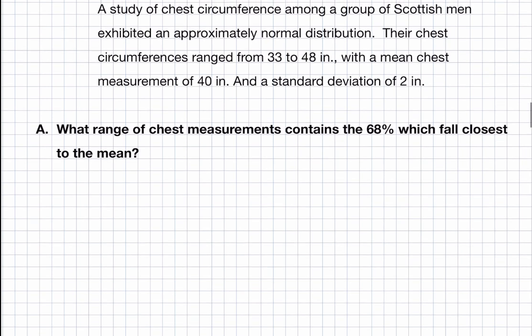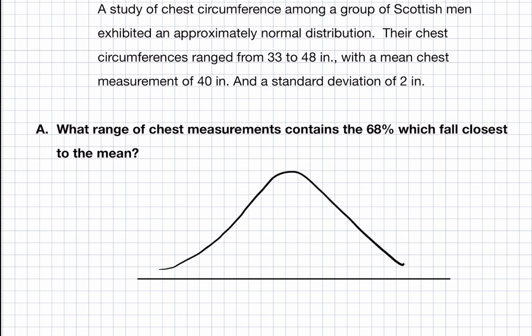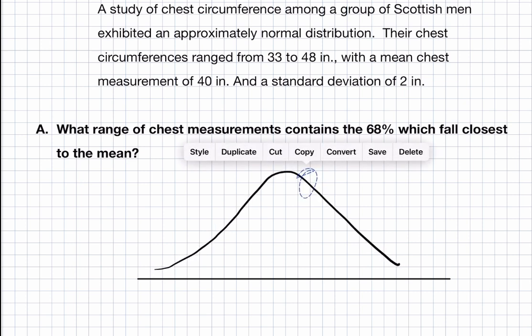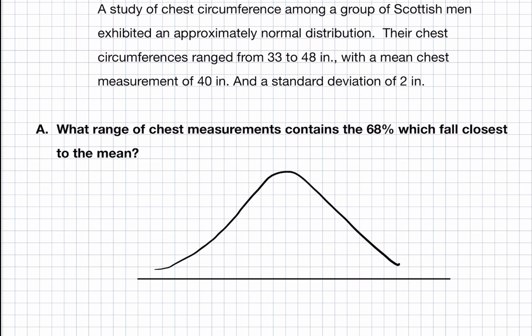So the question here is, what range of chest measurements contains the 68% which fall closest to the mean? Okay, so what we're going to do here is draw a normal distribution curve. And it would look something like this. We would say then that the mean would fall right here at the very center and at the peak.